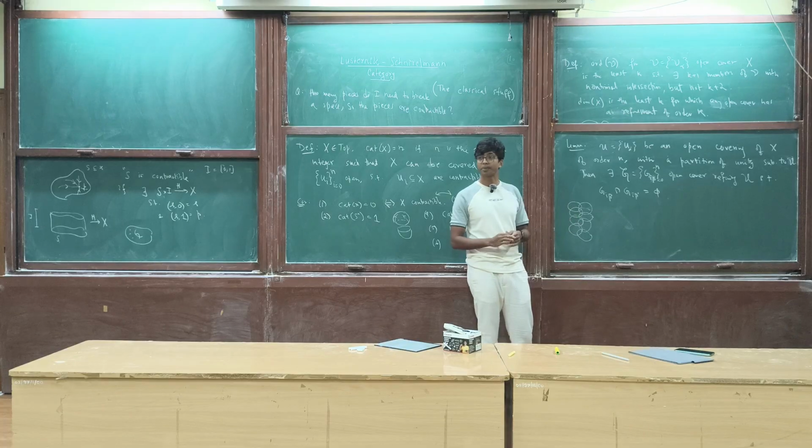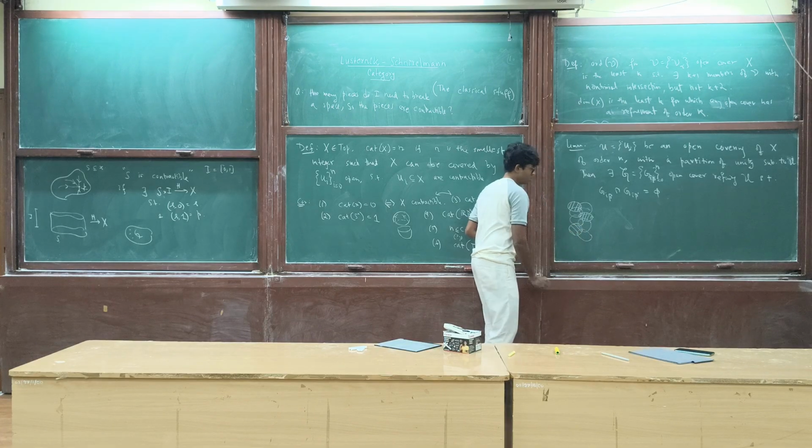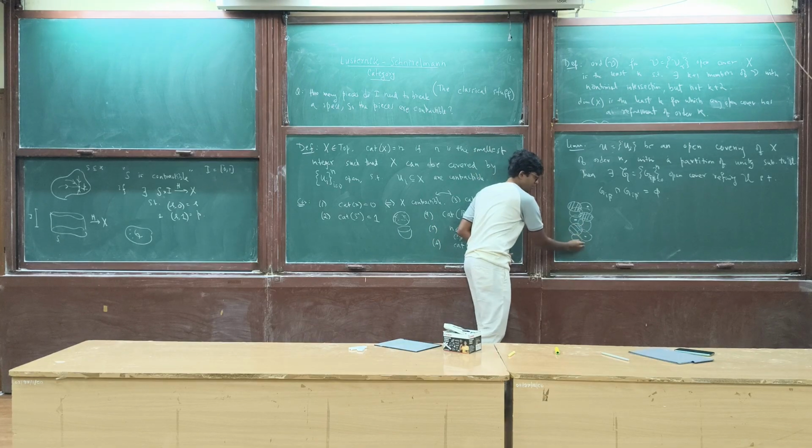So here I can paint it in two colors, or maybe three colors actually. The first color would be these balls. The second color would be these balls. And the third color will be the ones that I didn't put any marks on.